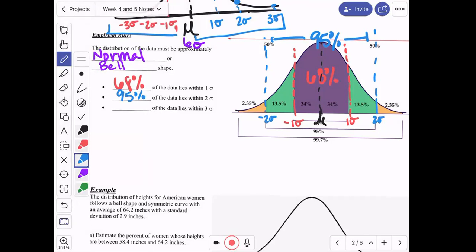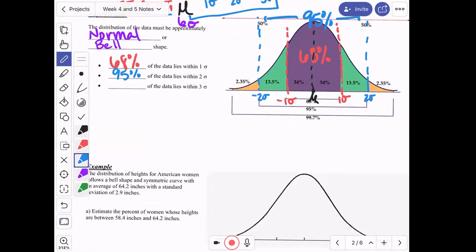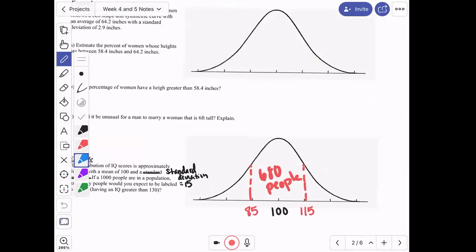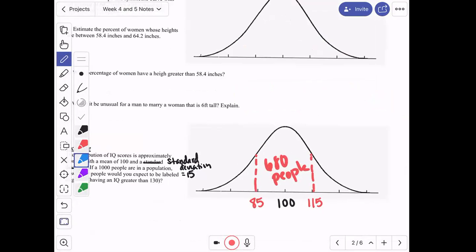So again, if we look at this, within 2 standard deviations, if I go to the left of 85, what number am I at? That's 70. If I go to the right of 115, I'm at 130.